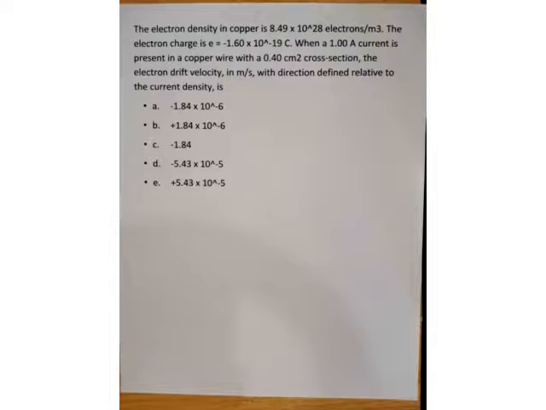When a current of 1 ampere is present in a copper wire with a 0.4 cm squared cross-section, the electron drift velocity in meters per second, with the direction defined relative to the current, is.